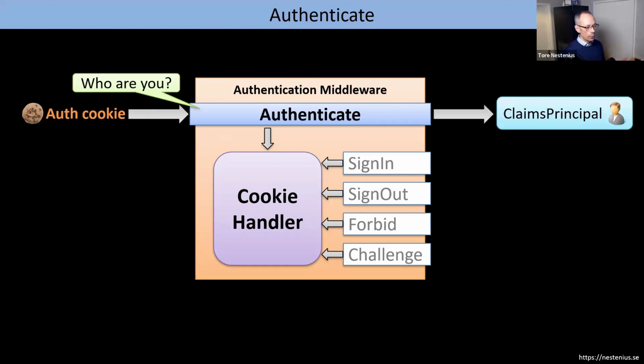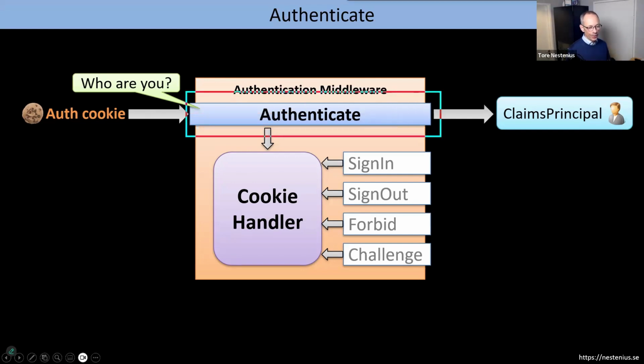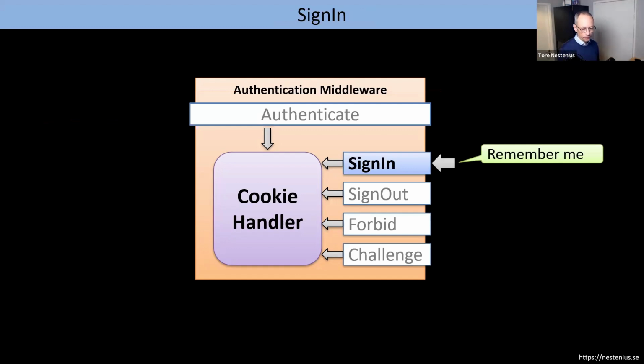And if so, we create this ClaimsPrincipal object. This one is actually the one and only that creates the ClaimsPrincipal object we saw before, to be displayed on the screen or used in authorization or for other purposes. The sign-in is all about remembering me.